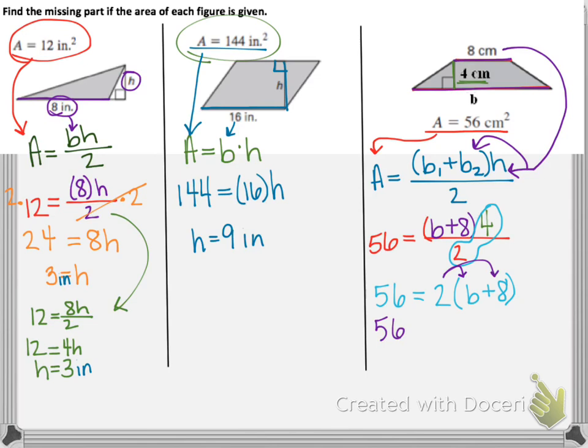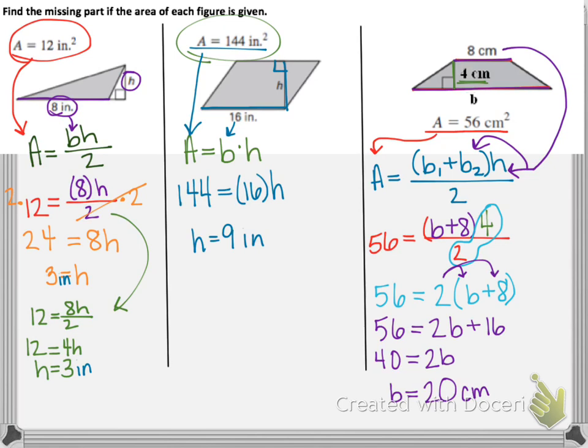I have 56 equals 2b plus 16. Then I'll have to subtract 16 on both sides. And I'll get 40 equals 2b. Divide by 2 on both sides. And b equals 20. So that bottom base is going to be 20 centimeters.